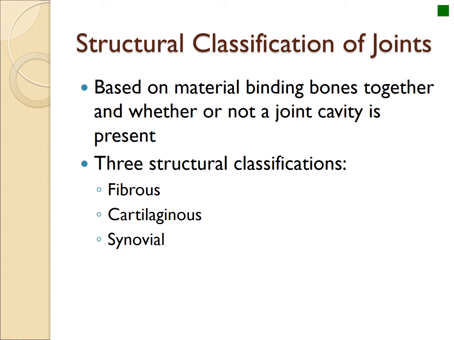So we're going to see there are also three structural classifications. There are what are called fibrous joints. And as it says, this is a connective tissue fiber that holds them together. And typically these can allow an amphiarthrosis type of movement, and not always. Sometimes they're a stable unit. We have cartilaginous joints, which could also allow a mild movement, but also could be something that attaches bones together tightly.